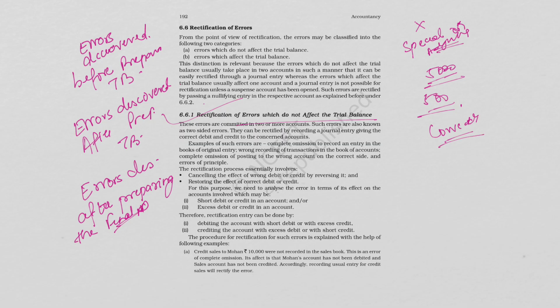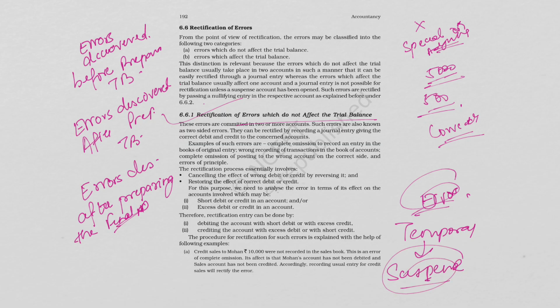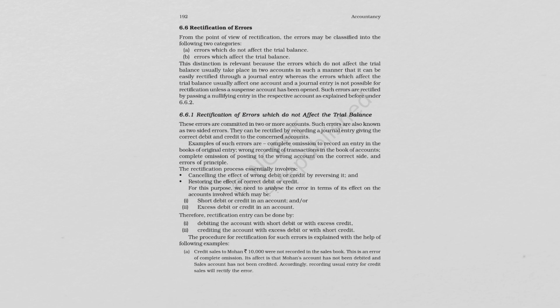Then we have rectification after preparing the trial balance. Now suppose the trial balance has already been prepared and the totals do not match. This means that some errors still persist. In such cases, the accountants usually open a temporary account which is called a suspense account. Now what is a suspense account?